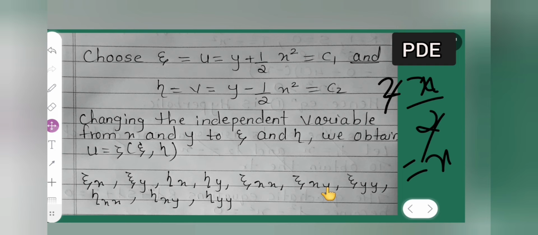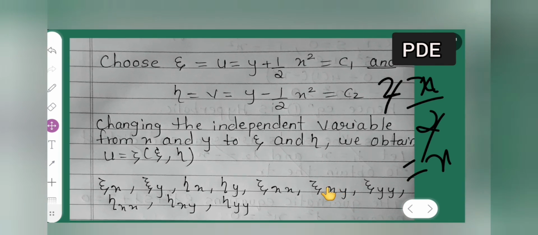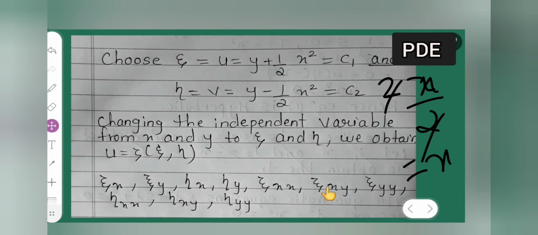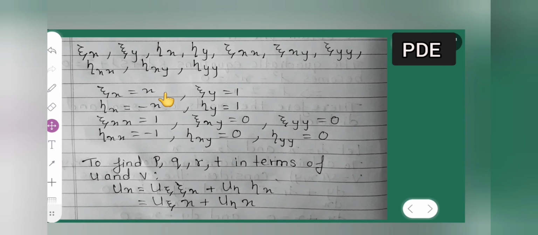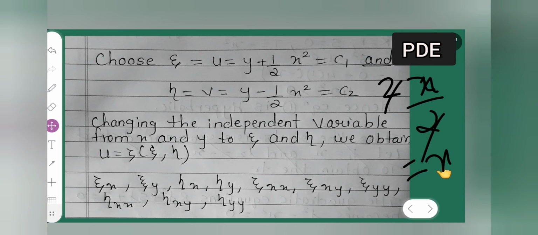So I got this from over here. This is xi differentiated with respect to x, so I will get 2x upon 2. The 2 will get cancelled and you will get x. So the value of xi x is nothing but x. If you differentiate with respect to y, it will be 1.